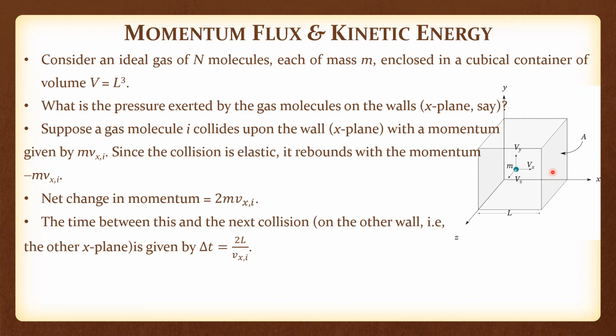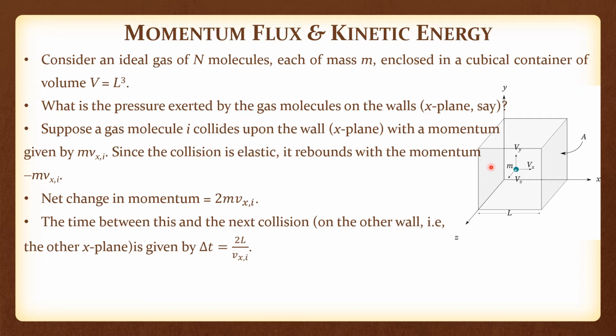The time between this and the next collision, remember, one of the assumptions is that there is hardly any intermolecular collisions. So the number of collisions between gas and the walls is much larger than any collisions between molecules, and therefore if this molecule came and banged right horizontally onto this X plane, and then it got bounced back with momentum minus m vxi, it is going to go straight here and go bang at the minus X plane, right?